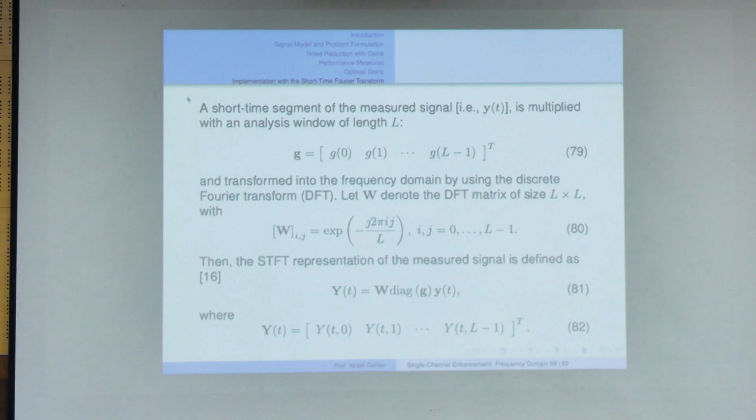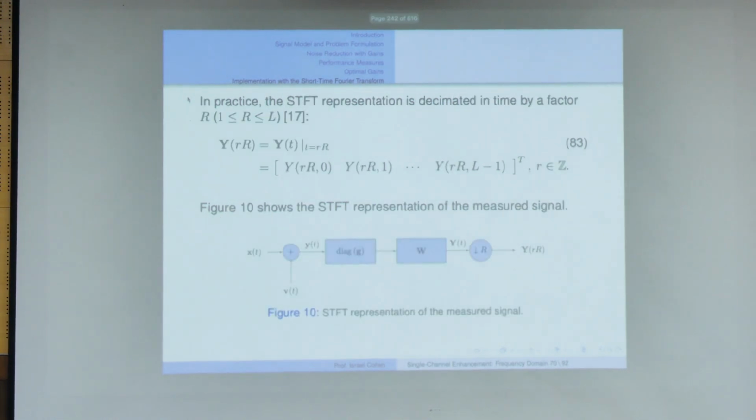Okay? I will write it more specifically in a minute. So instead of using T here, we can have an index R for the window. And this is the jump, how many samples we jump from one window to the next window.